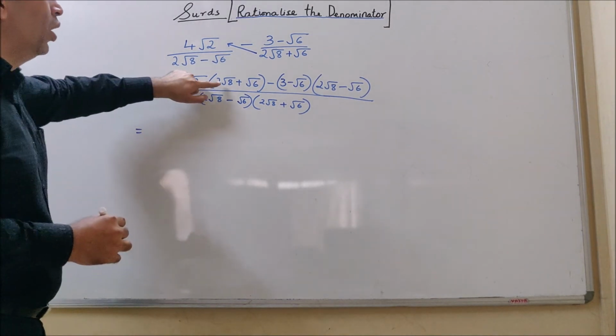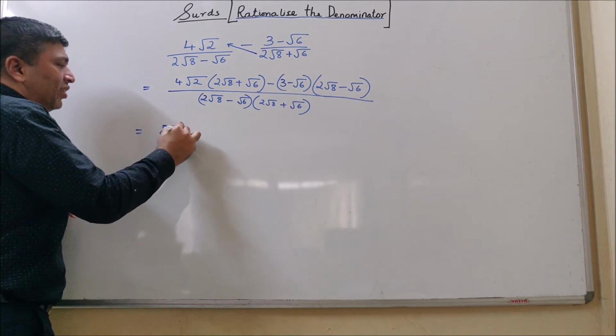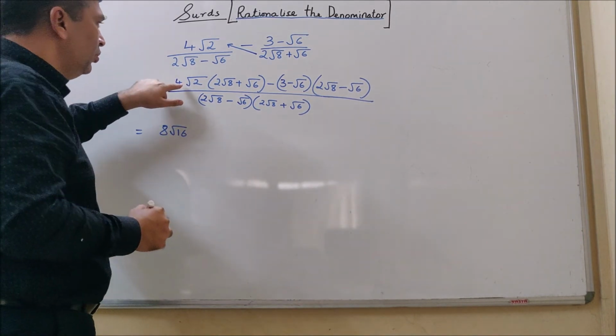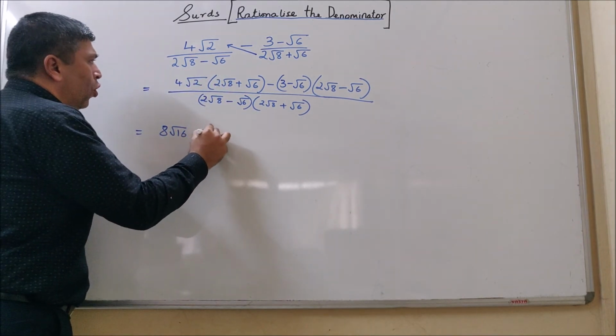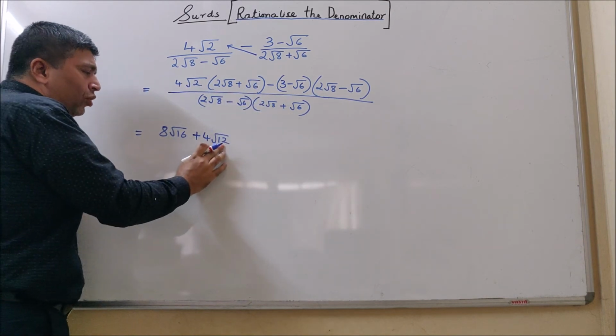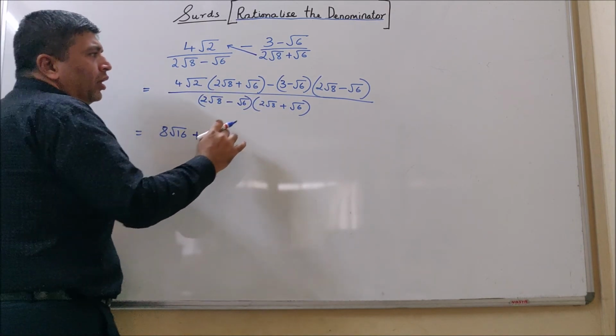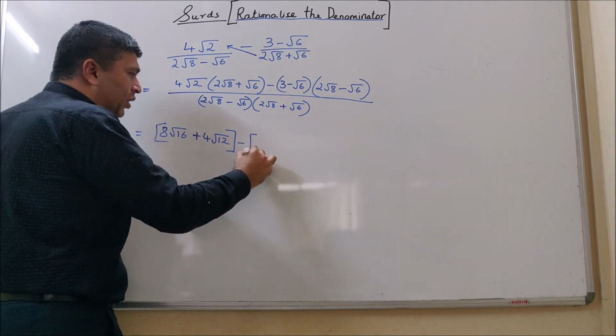So 4 root 2 into this is 8 root 16. 4 root 2 into this is 4 root 12, because root 2 into root 6 is root 12. Make a big bracket. Out here there's a minus sign.